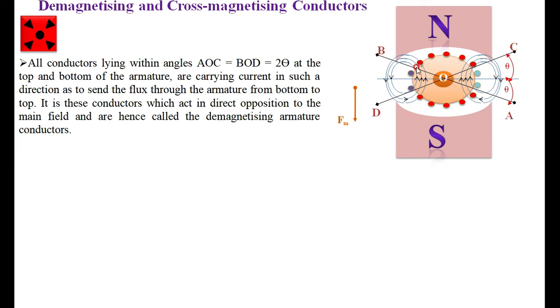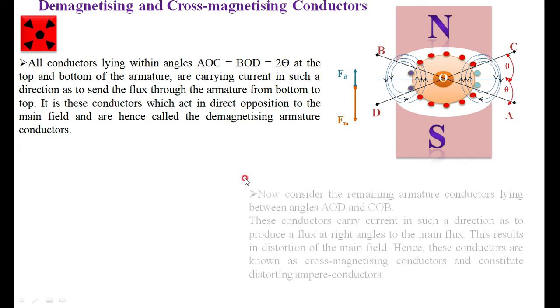You can see the direction of the flux produced by these conductors, opposing the main flux. I also show the main flux and the armature fluxes at the end of this slide. Therefore, the armature flux producing the demagnetizing effect is represented by Fd, because it produces flux opposite to the main flux.